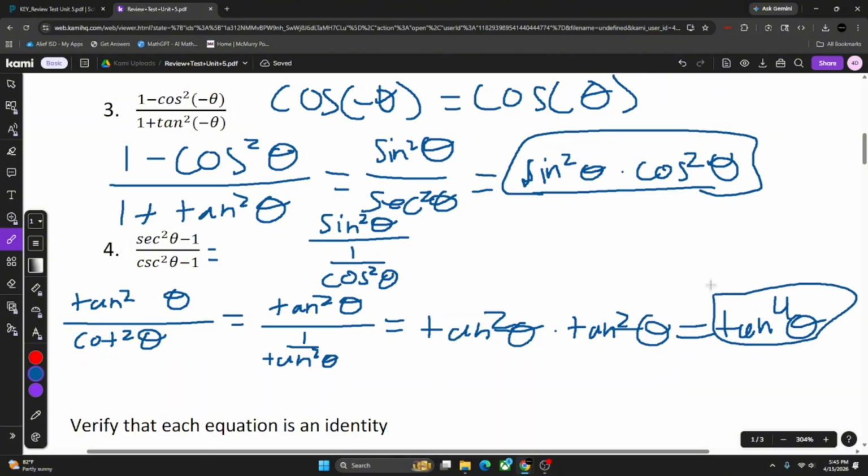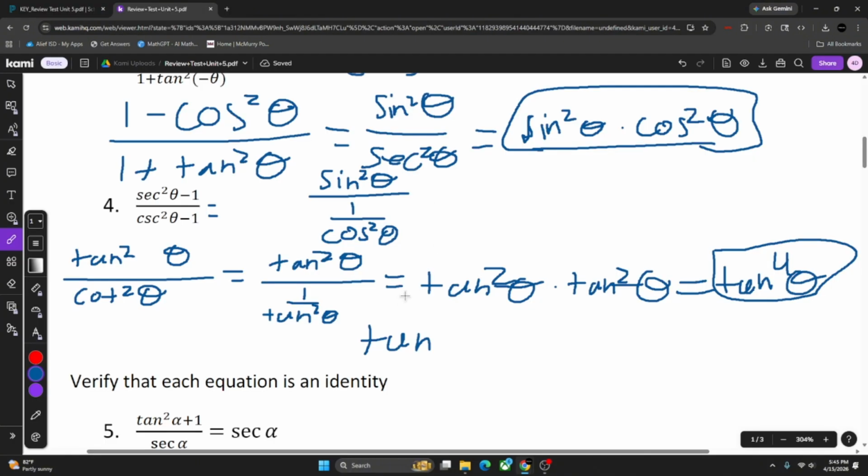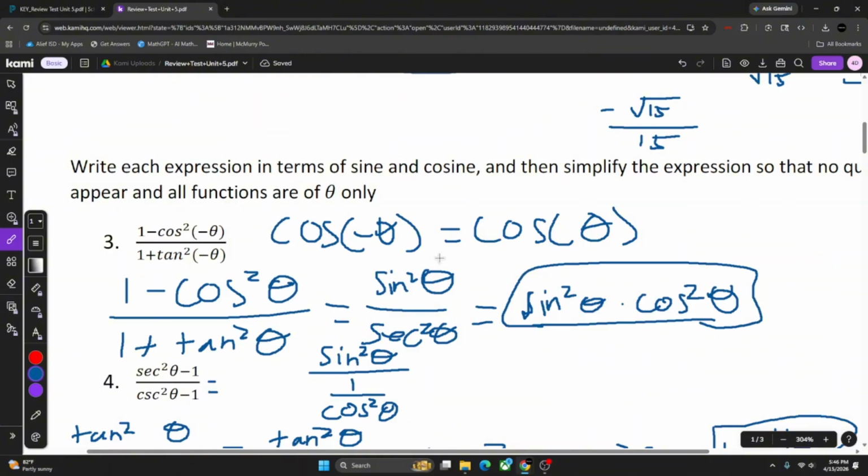And you can prove it, because tan equals, well, it equals right here, sine over cosine. So you put sine over cosine divided by sine over cosine, because it's asking you to write each expression in sine and cosine and simplify it.